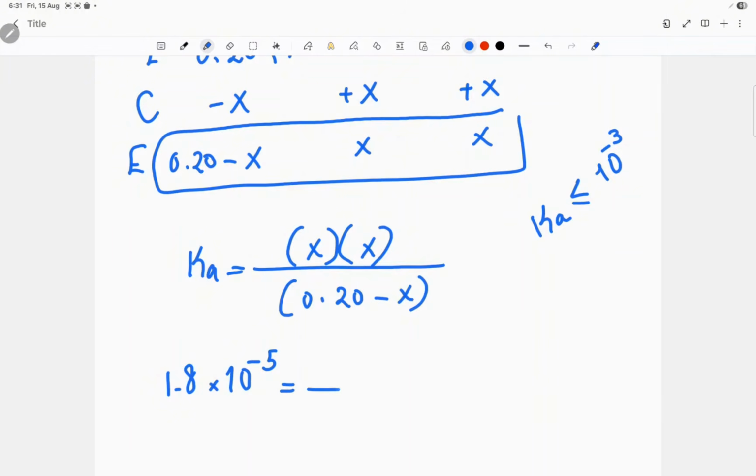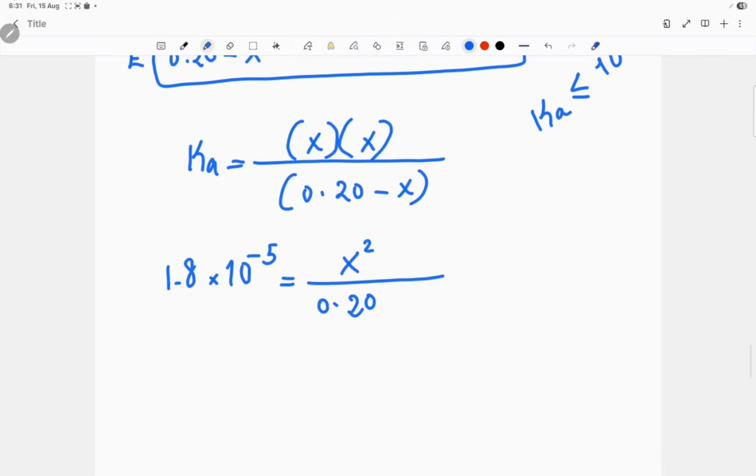So ignore the minus x in the denominator.